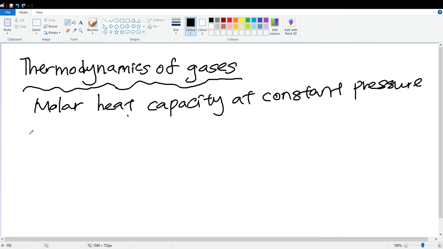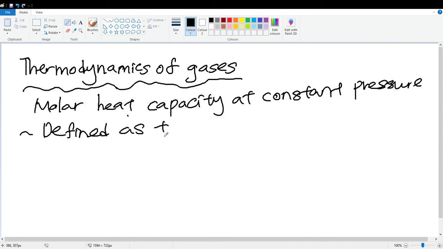As for the definition, molar heat capacity at constant pressure is defined as... the sentence is the same as the molar heat capacity at constant volume, but at the end of the sentence it is at constant pressure. So let me write it down.